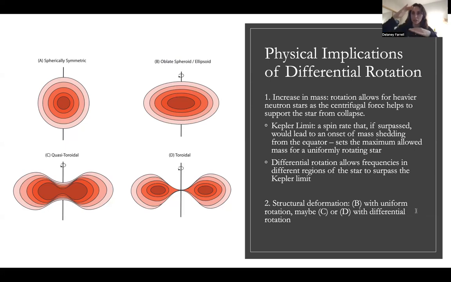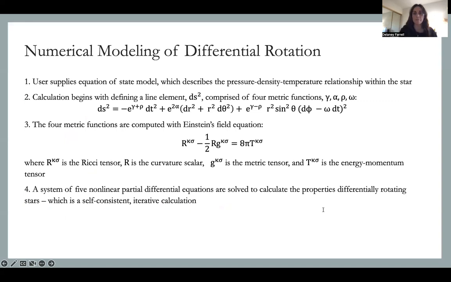So it's a shrinking along the polar and extending along the equatorial axis. And then the bottom two panels, the quasi-toroidal and toroidal shapes, really are only seen in differential rotation, where the star is really starting to push out and might even form this rotating donut-like shape. So very strange physical implications for the star.